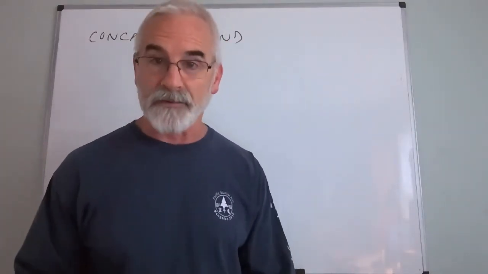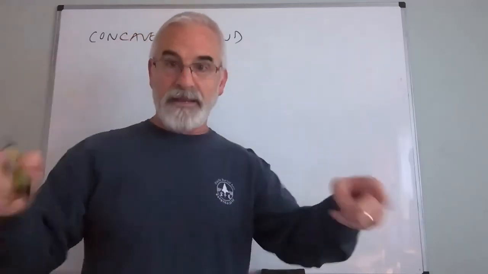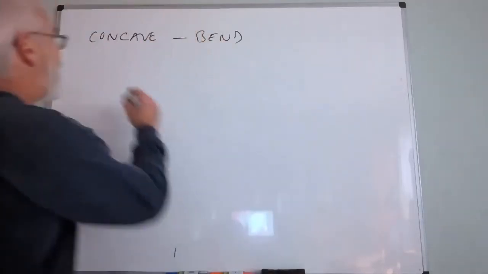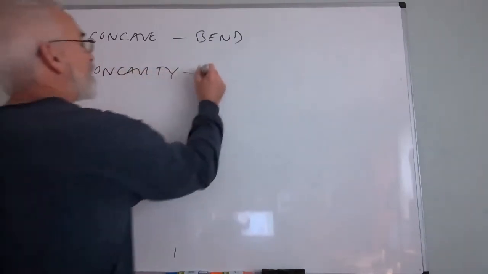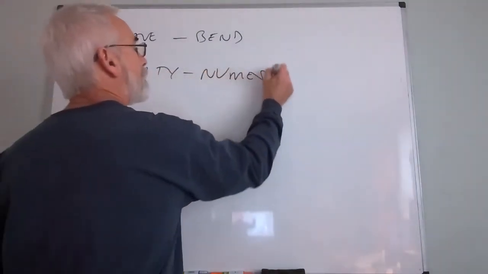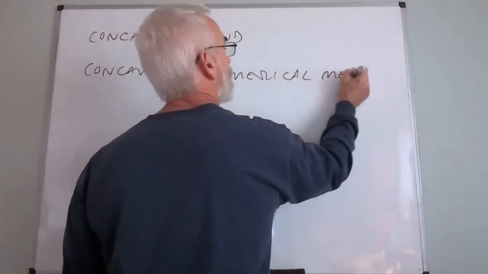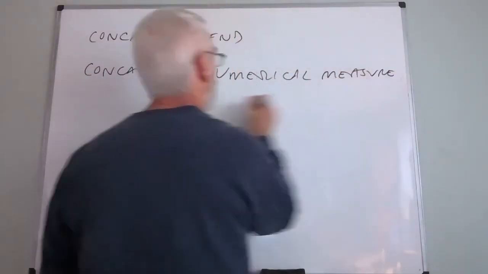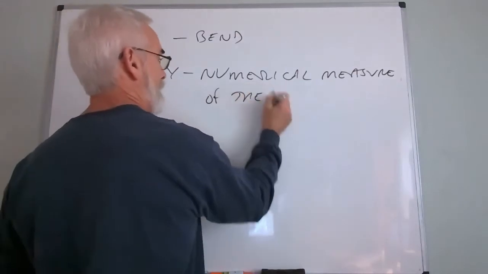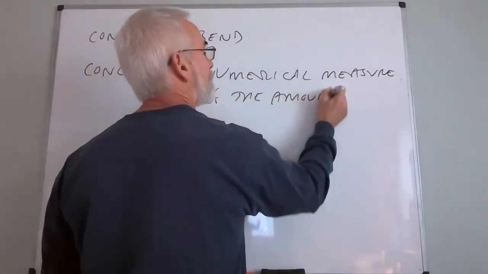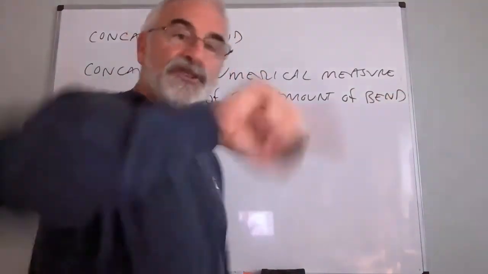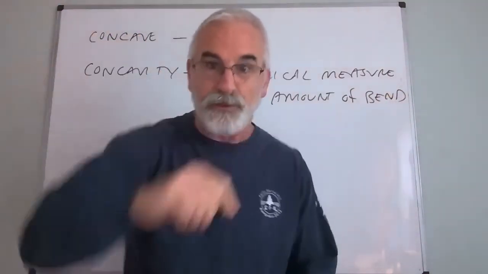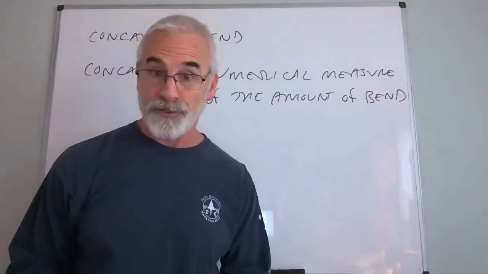And there's two ways I can bend. I can bend up, I can bend down. Now, concavity, this is a numerical measure of the amount of bend. So if I have an extremely windy road, the concavity would be large.